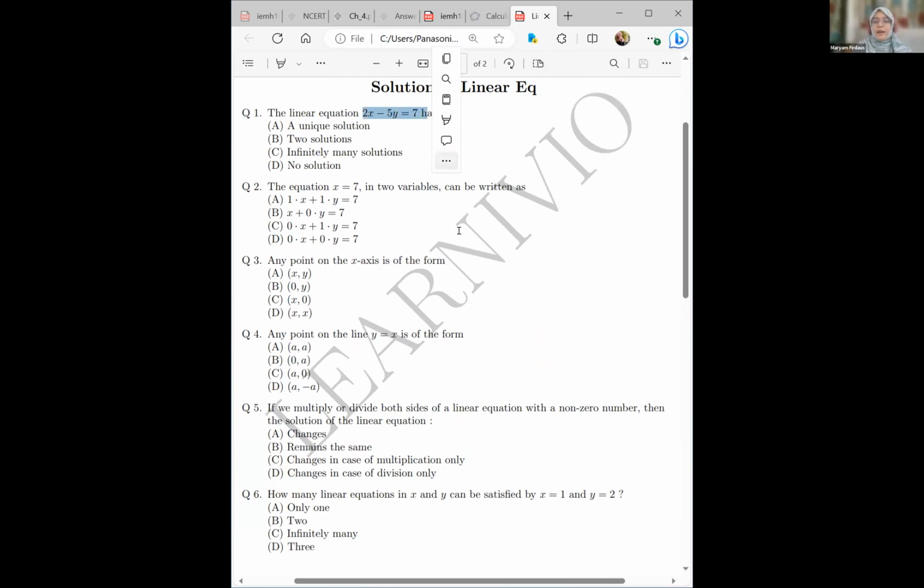Imagine that you multiply or divide both sides with a number which is not zero. The linear equation remains the same, but they are asking whether the solution of the linear equation remains the same or changes. It remains the same.